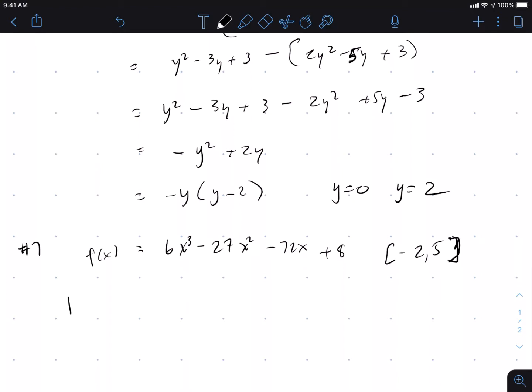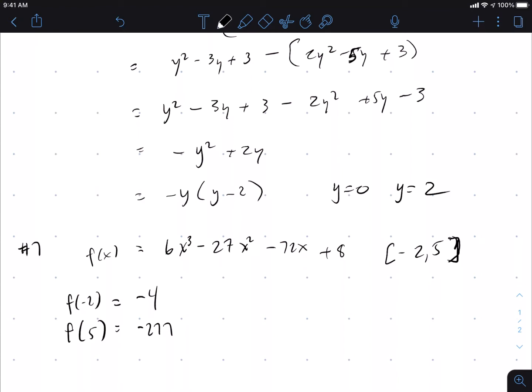I got f of negative 2 to equal negative 4. Can someone confirm that for me? I just want to make sure that I did it correct. And I got negative 277 for that one.